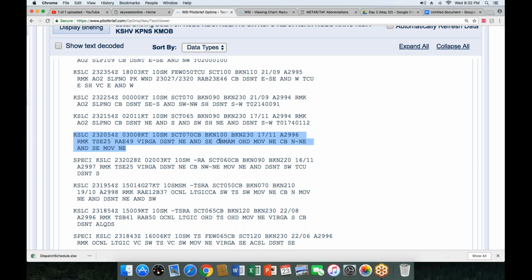So you can see that these cumulonimbus mammatus, or mammas, are only occurring during this METAR, during this hour, right? You don't see them the hour prior or the hour after. So we can't really dispatch according to a cloud type. So technically, we don't look at this too much as far as dispatching to an airport.